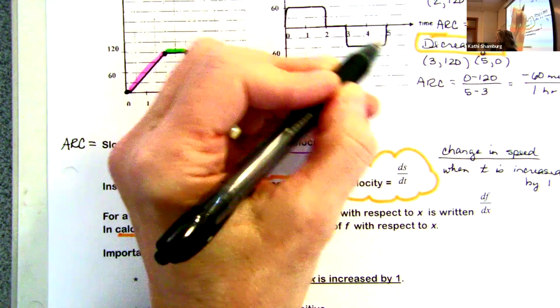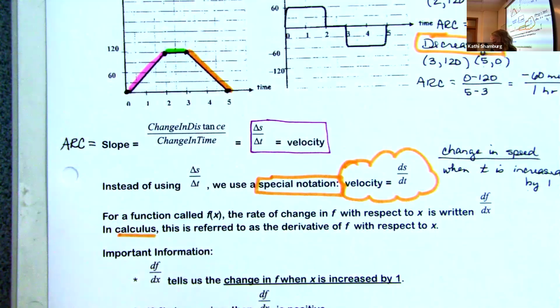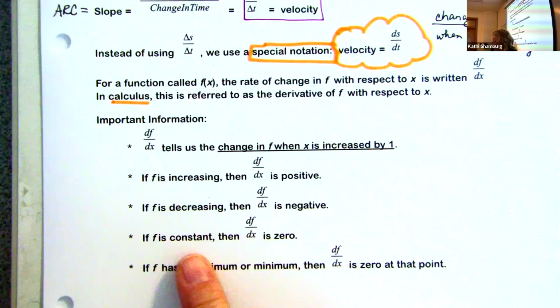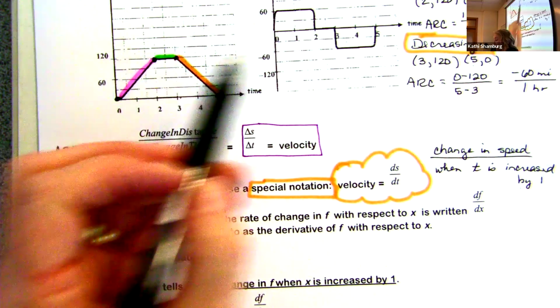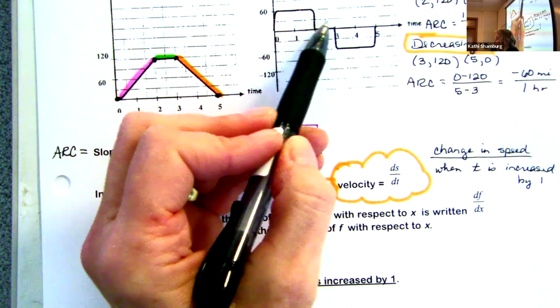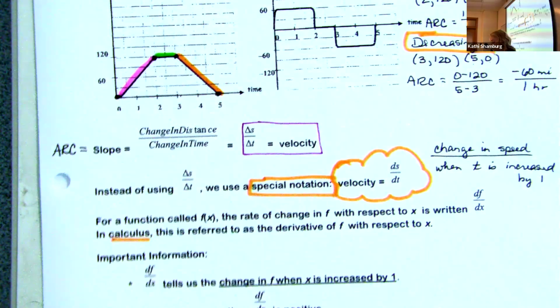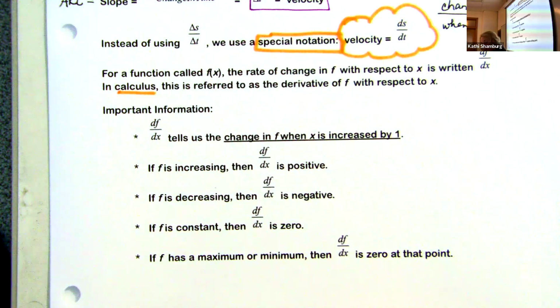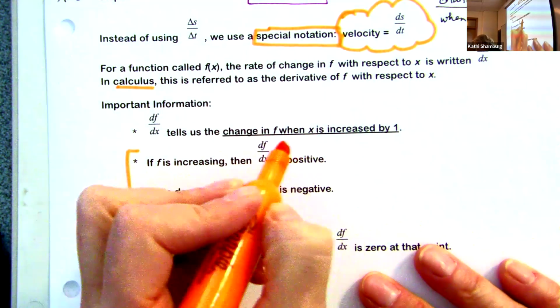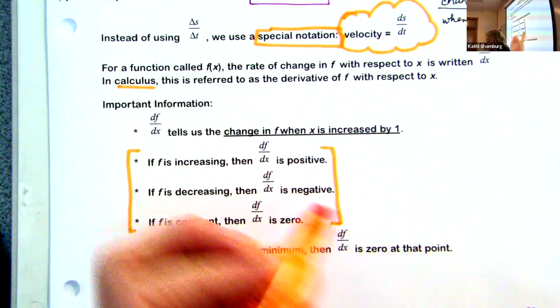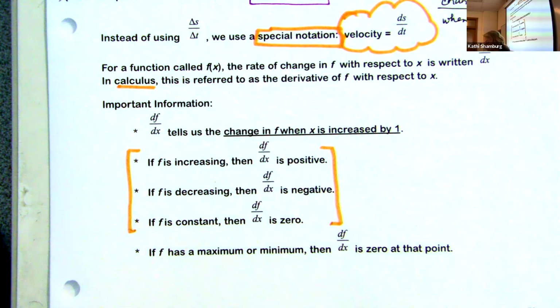Negative. It doesn't mean that you're going to negative speed. That's just the direction that you're going. If your function is constant, then my speed is at 0. Okay, so we've kind of already talked about this. We just did not use the df dx here, but we've actually talked about this.